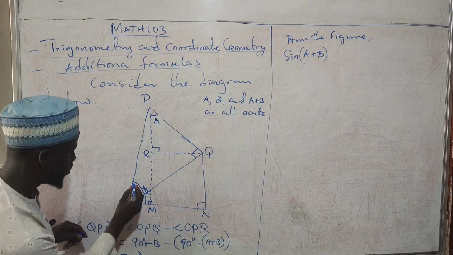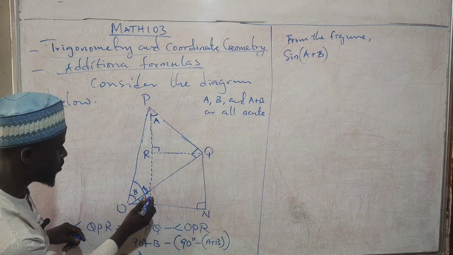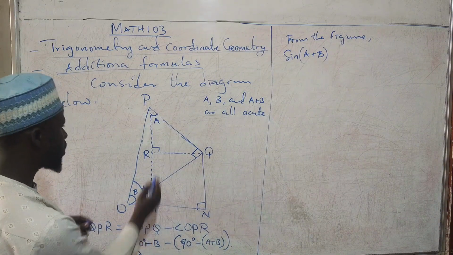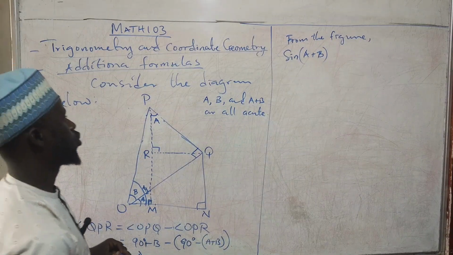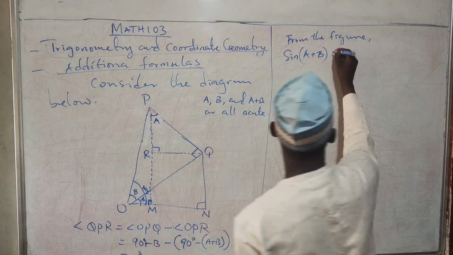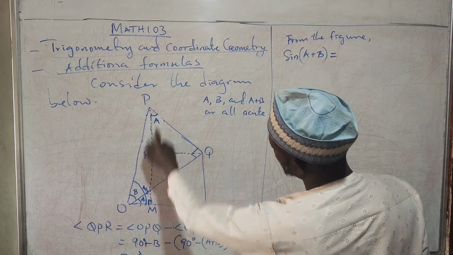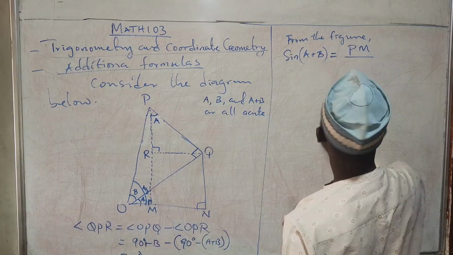This is A plus B. This is angle A, this is angle B, and so here is A plus B. So we are considering this triangle, triangle PMO. So in triangle PMO, this is opposite over hypotenuse. And what is opposite? Opposite is PM over hypotenuse.